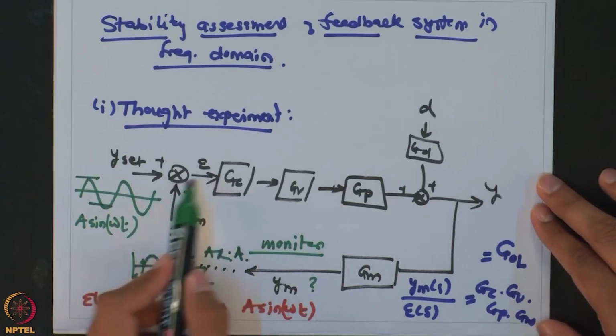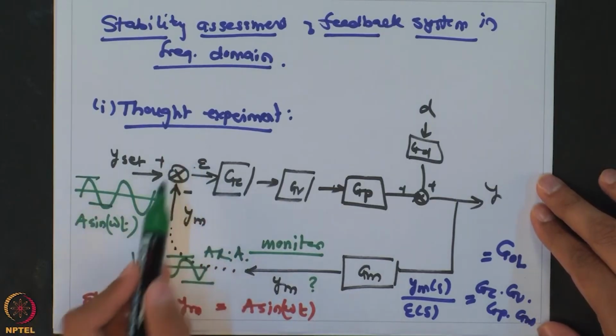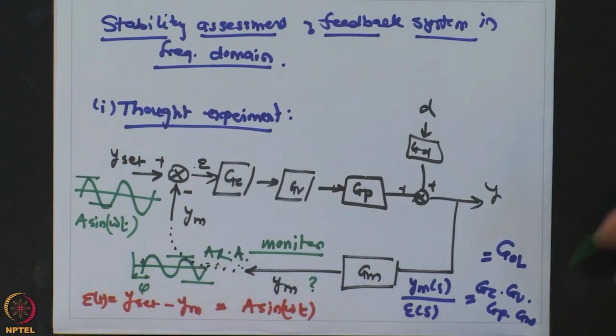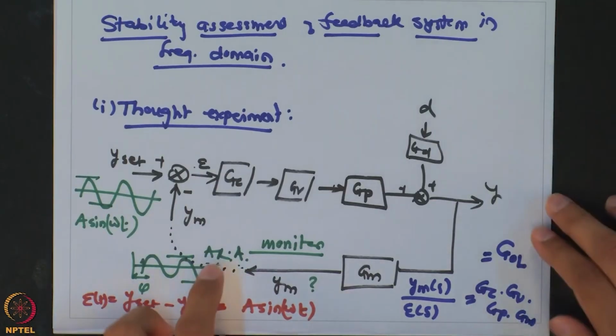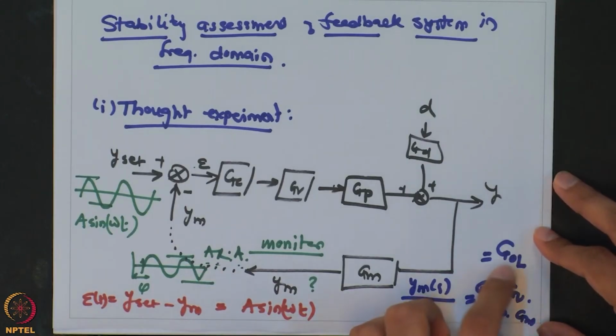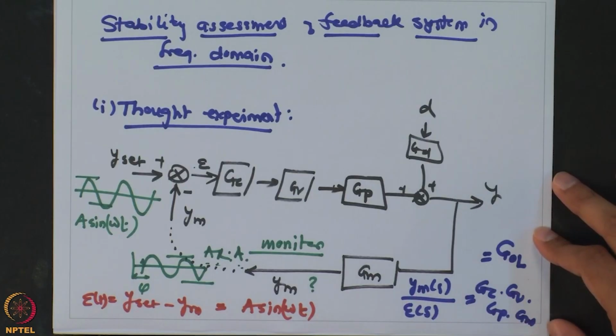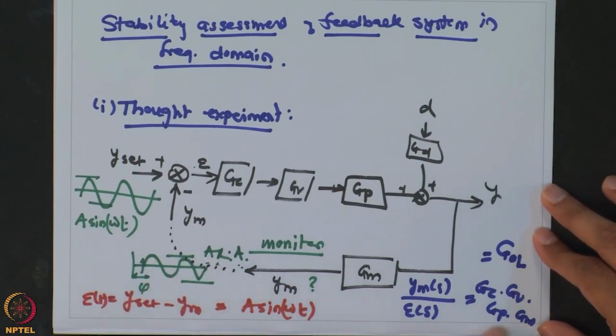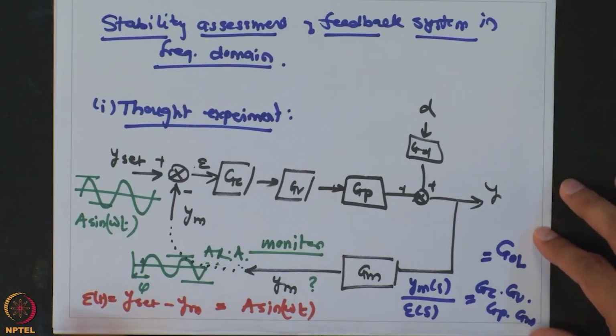We have already seen how to compute these two. If this is the input sinusoid and we are interested in finding the output, then AR and phi would be obtained by using the frequency response of this particular transfer function, which is the product of these 4 transfer functions. Depending on the frequency, the phase as well as amplitude ratio would change.